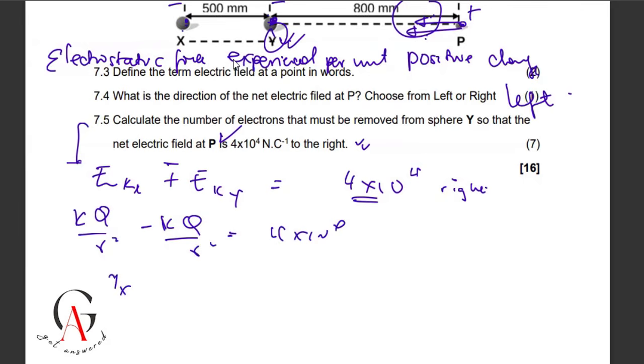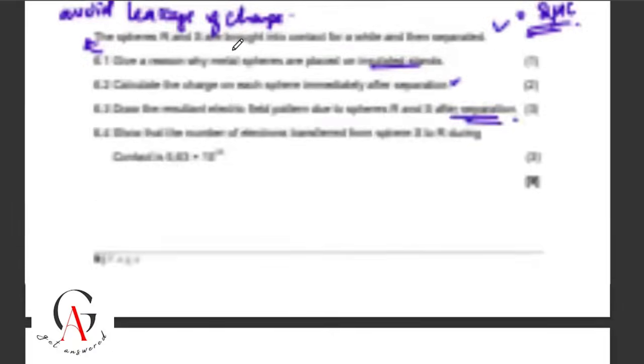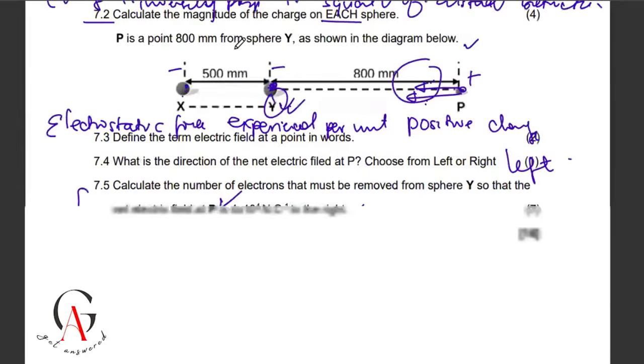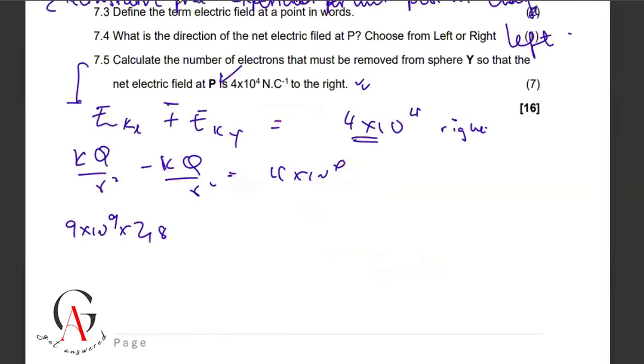The charge on X we found it to be 2.82 times 10 to the negative 6.